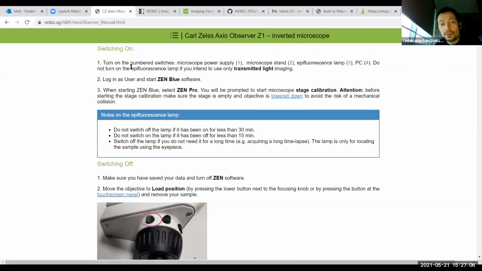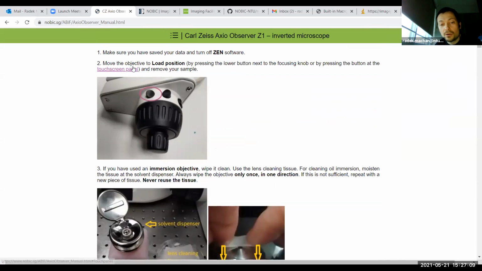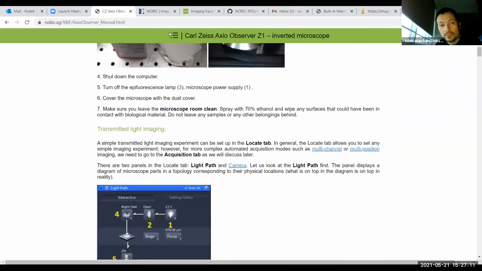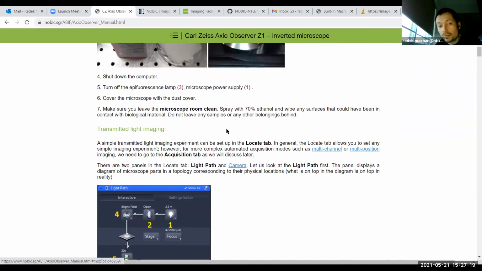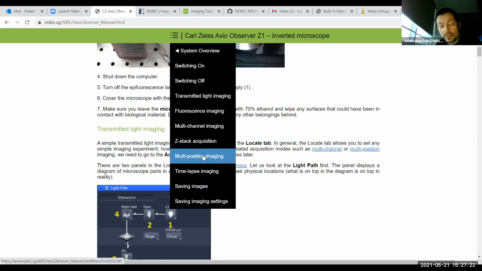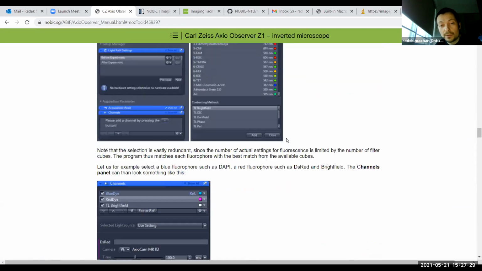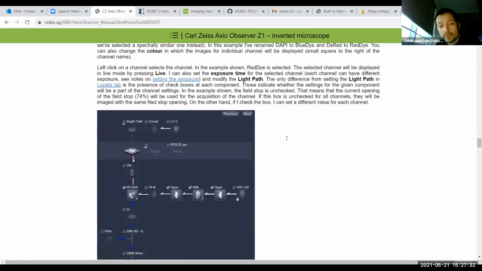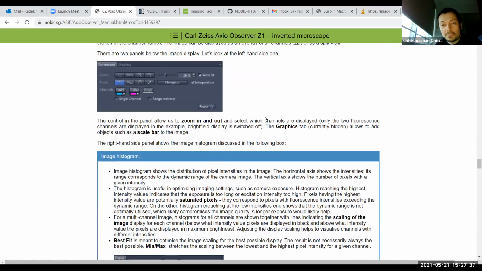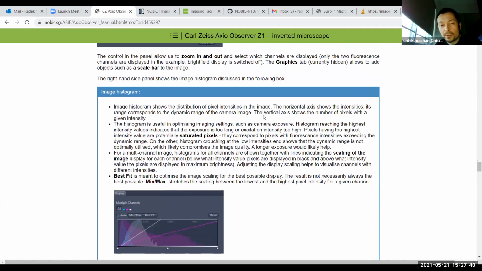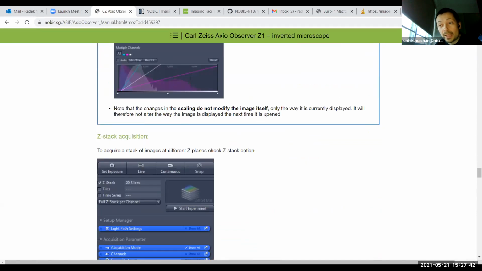So how to switch on the microscope, how to switch it off, how to acquire images in transmitted light, fluorescence imaging, multi-channel imaging, and time-lapse imaging. This is a manual which describes basically what we would tell you during the training session.